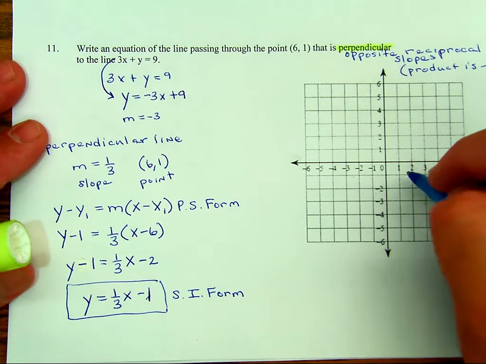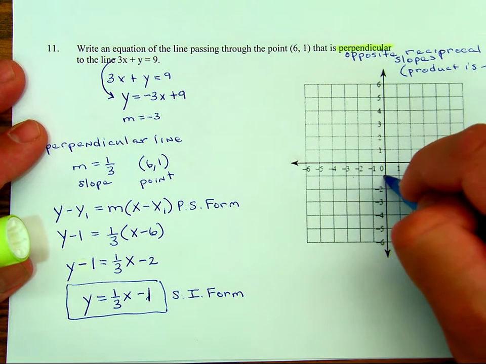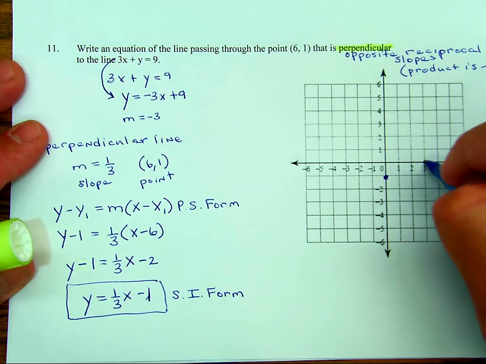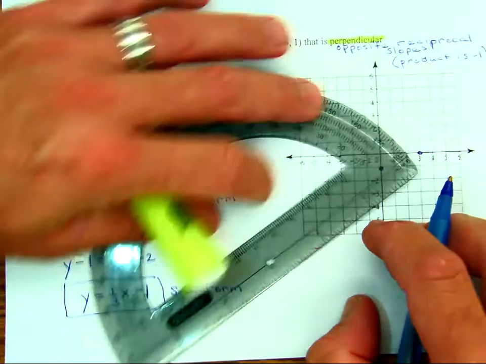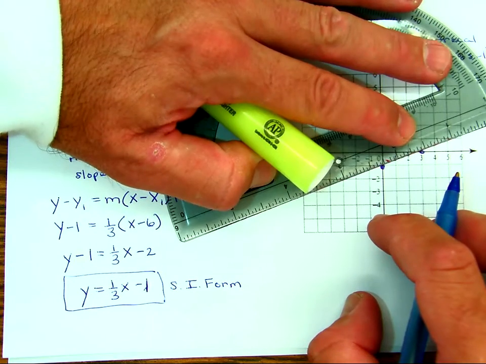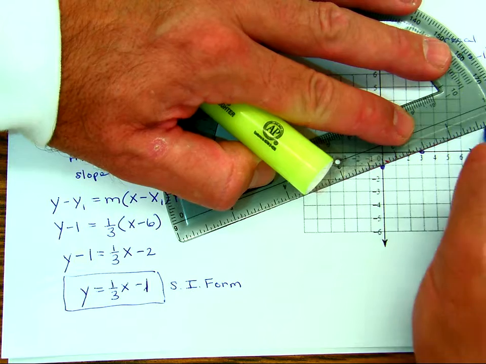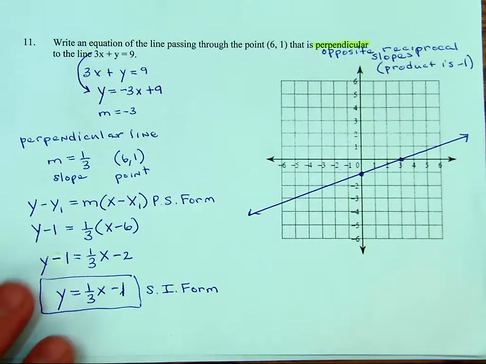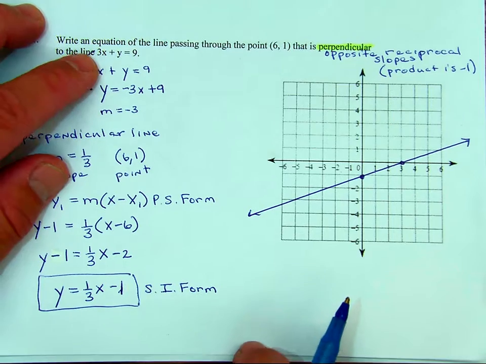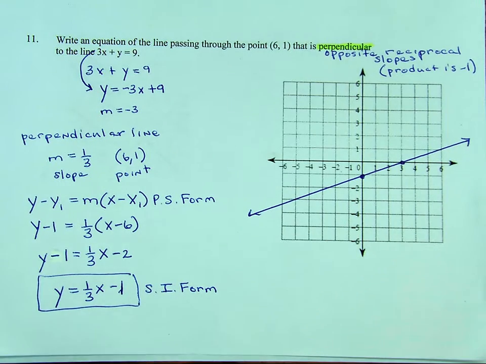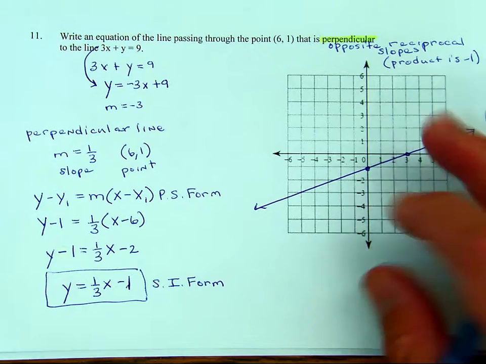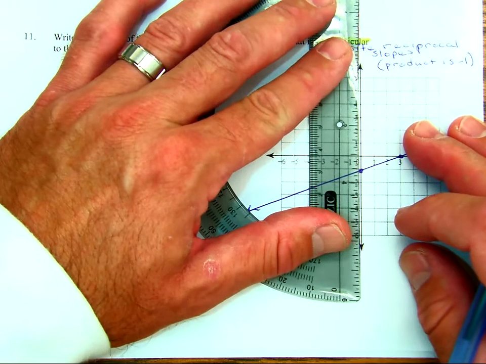If I graphed it, the y-intercept's at -1. The slope is 1/3. So this line is perpendicular to the previous line. I could show that by graphing the original equation. The y-intercept's up at 9, so it's going to be a little higher than I would like.